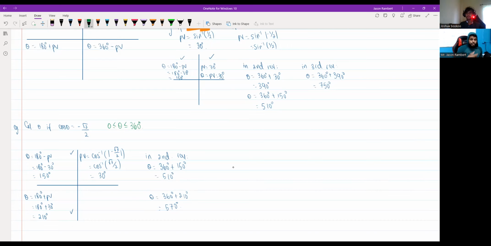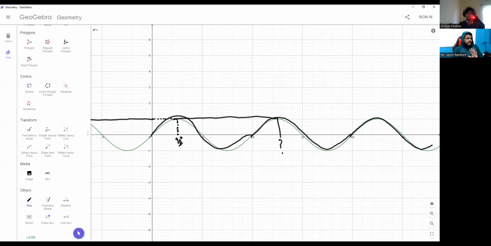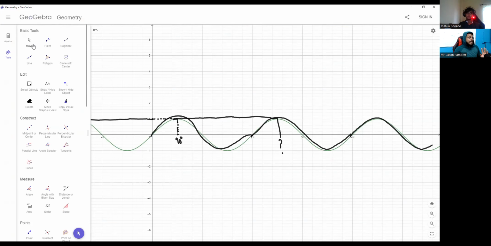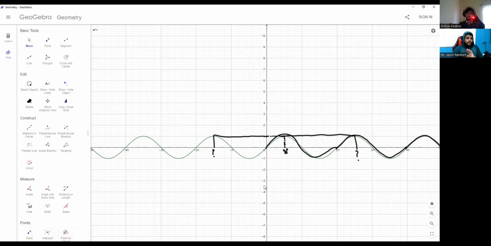Now, this restriction is called a domain. And the domain tells us the region where the graph will exist. By all means, sine of theta exists everywhere on the x-axis. But the domain says, I want the function to exist between these two values.